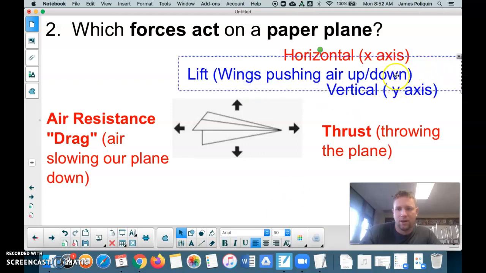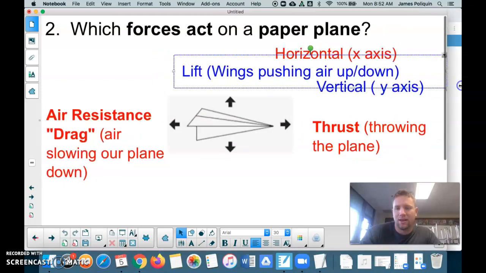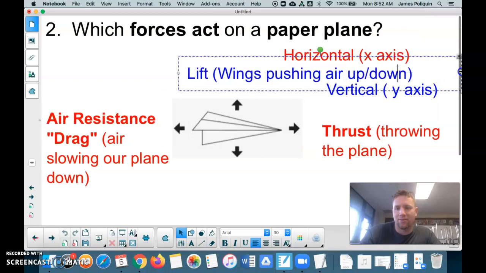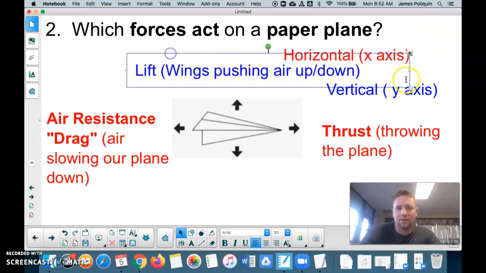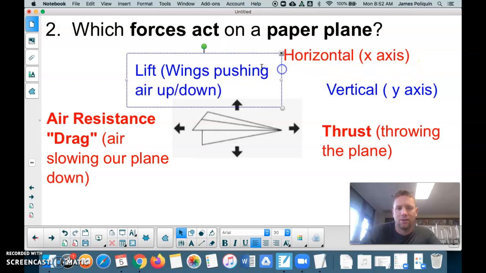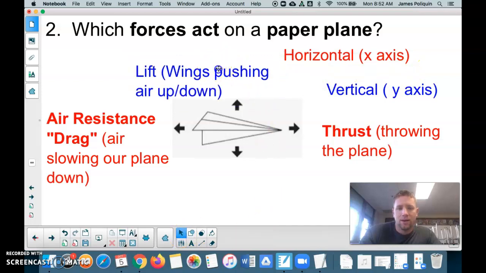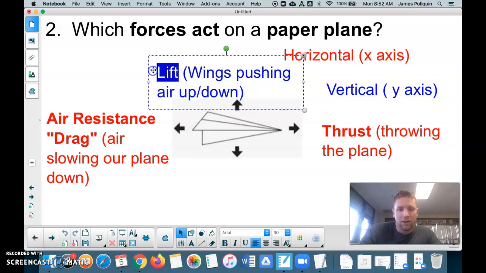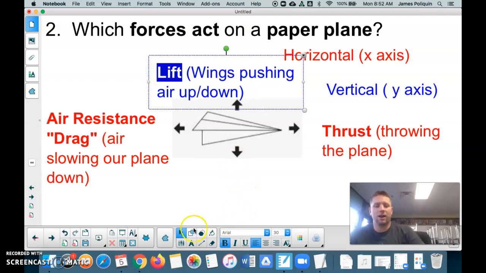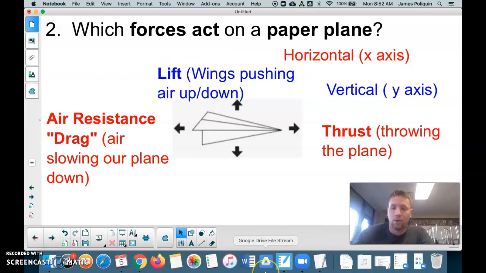So the wings kind of push the air up and down. In our case, the wings push down on the air. So the lift is the wings pushing air up or down. And in this case, the wings push the air down to help the airplane stay up in the air.